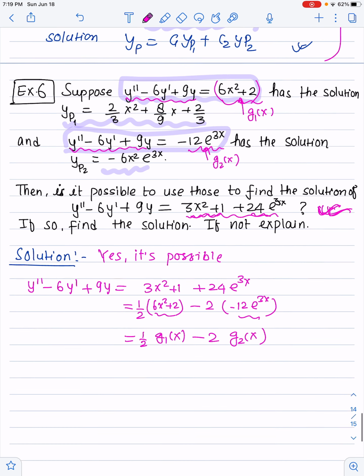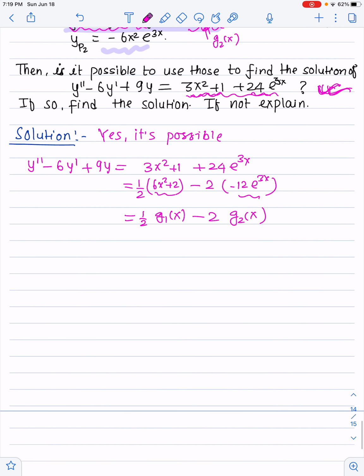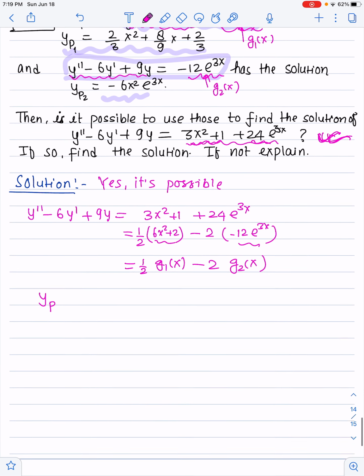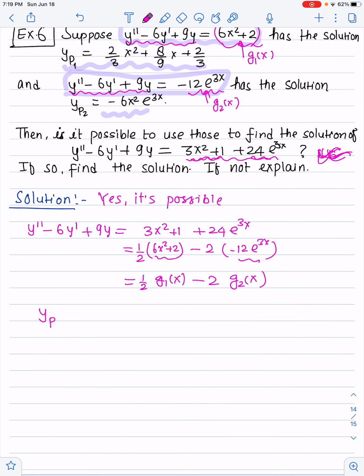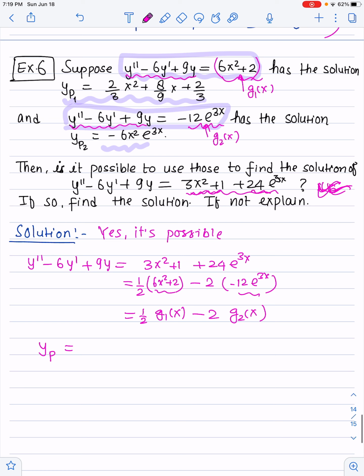So we can find yp, the particular solution of this one, which will be the linear combination of the particular solutions of these two, right? My c1 is 1/2, so 1/2 of yp1 plus -2 times yp2.